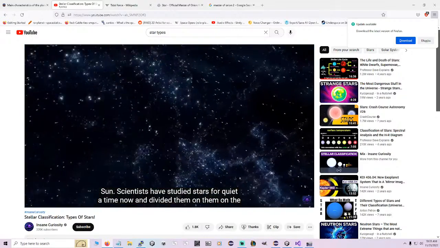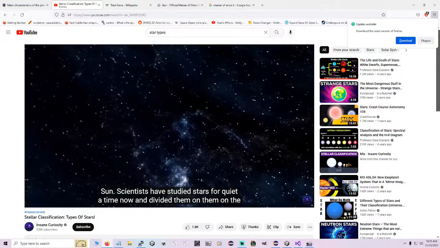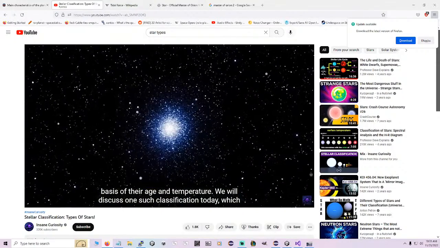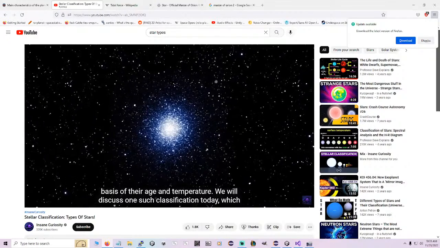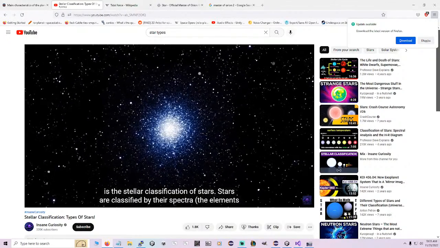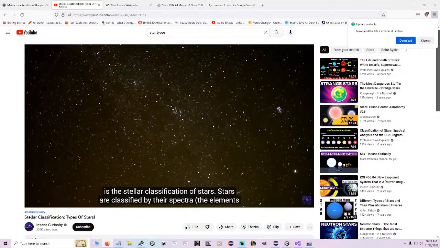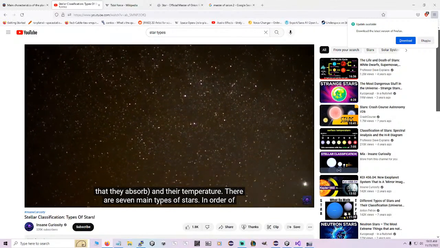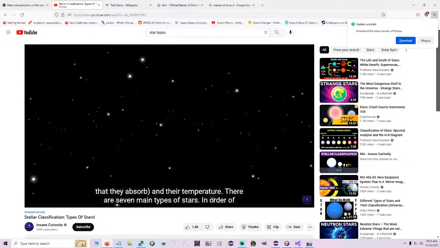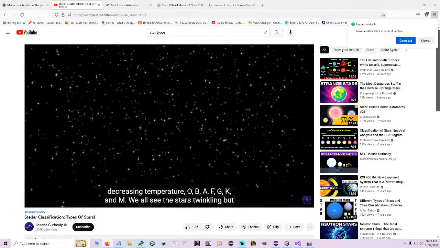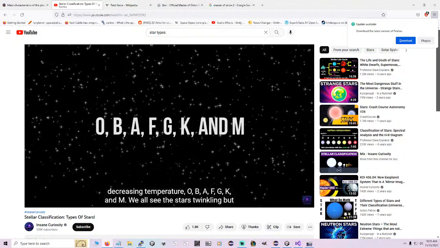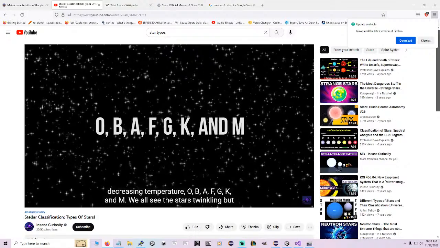Scientists have studied stars for quite a time now and divided them on the basis of their age and temperature. We will discuss one such classification today, which is the stellar classification of stars. Stars are classified by their spectra, the elements that they absorb, and their temperature. There are 7 main types of stars, in order of decreasing temperature: O, B, A, F, G, K, and M.